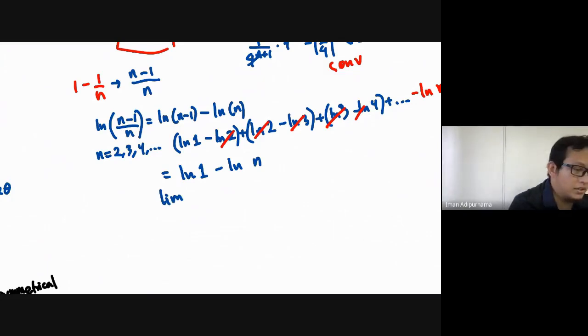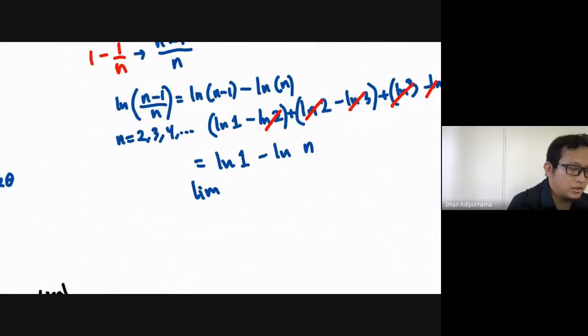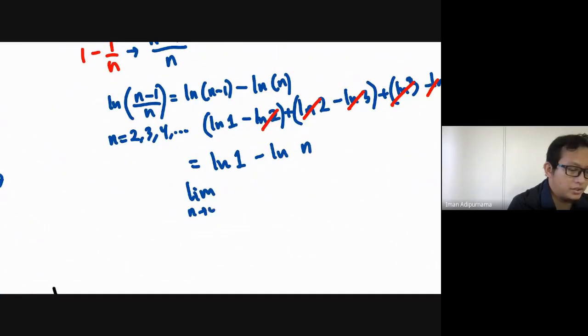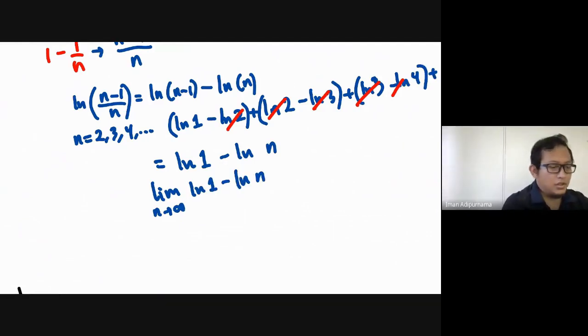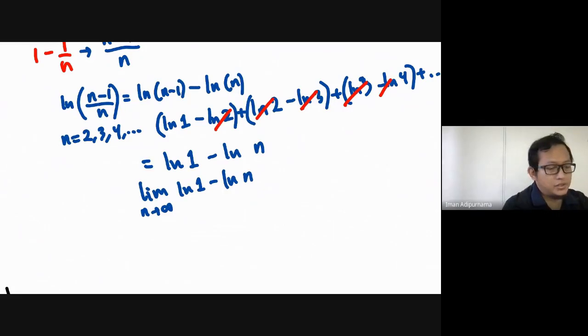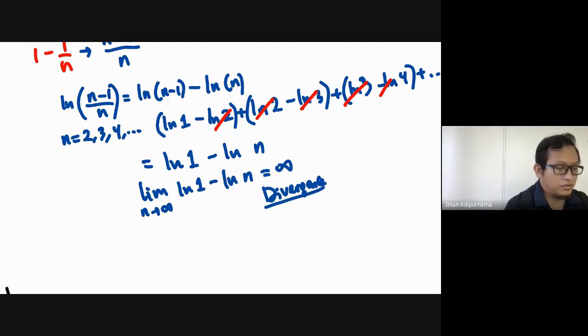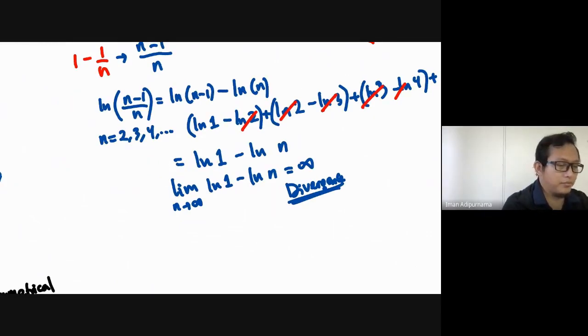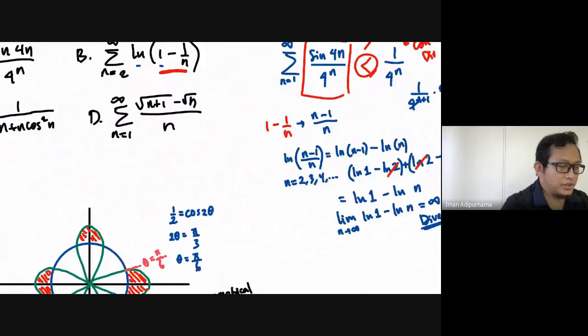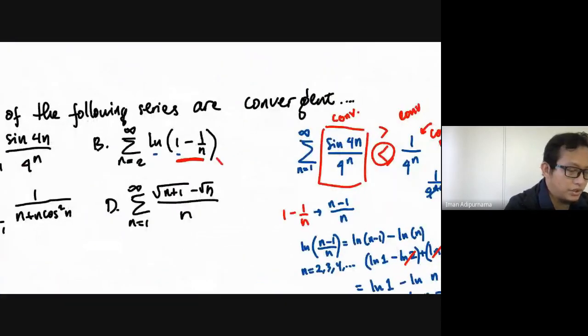Because we need to take the limit like that, in the divergence test, this is diverged, right? Because it doesn't equal 0. Okay. So it is divergent. So B is diverged.